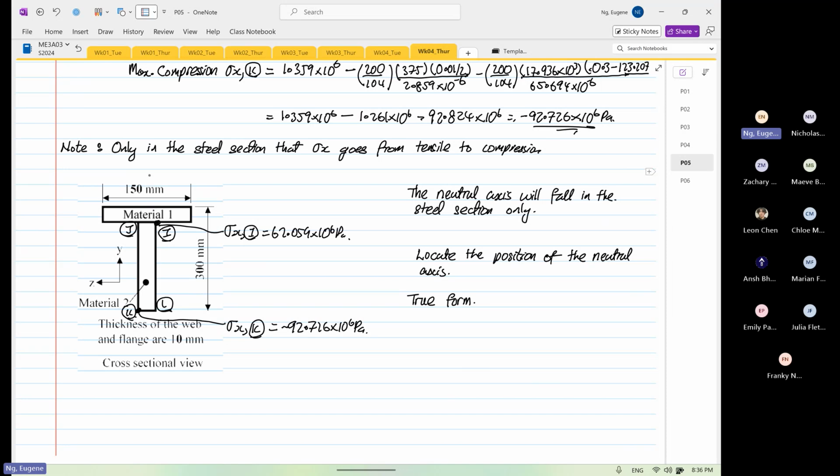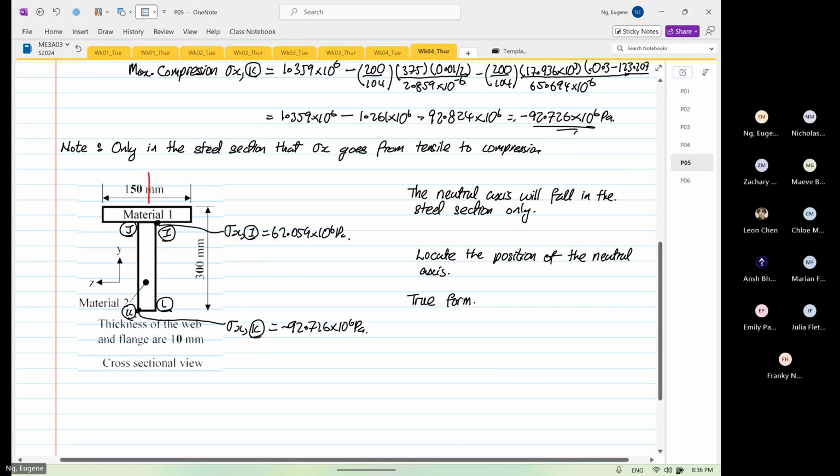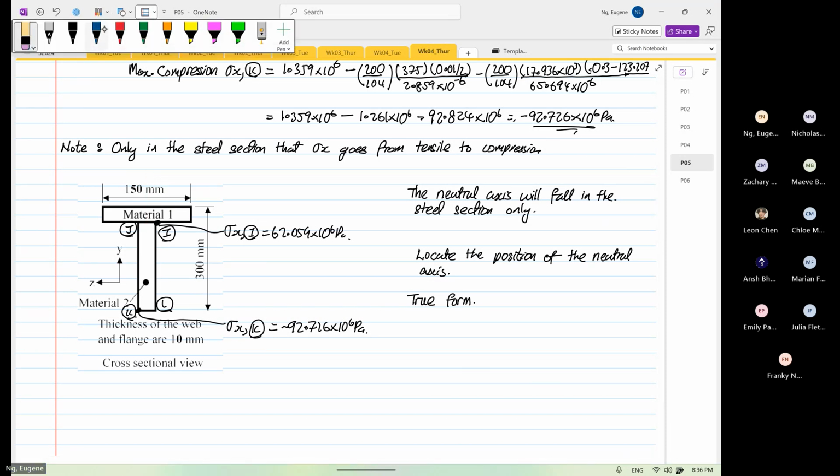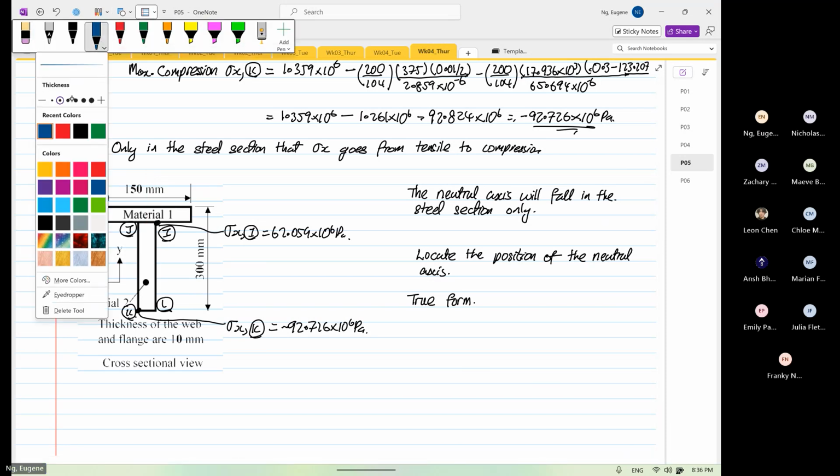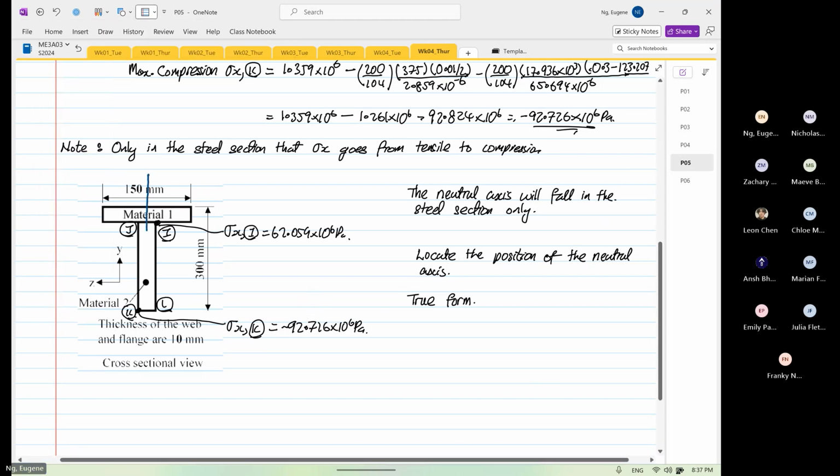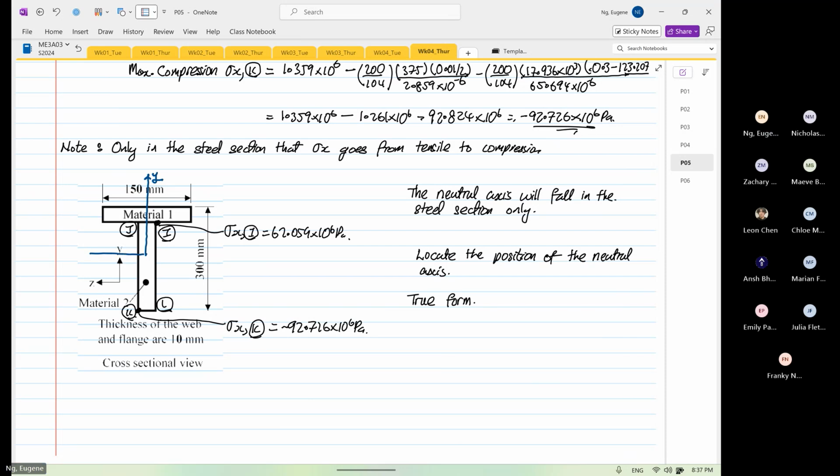If we were to have our transformation, I'll use a different color. This is our y, and this is our z. So the true form of the general equation looks like this.